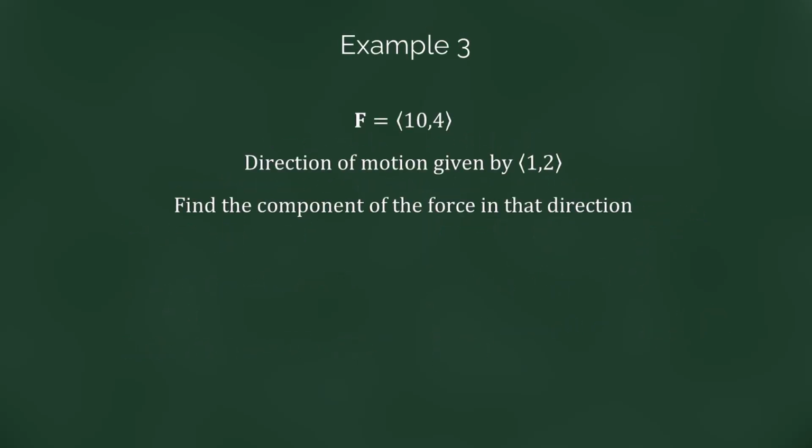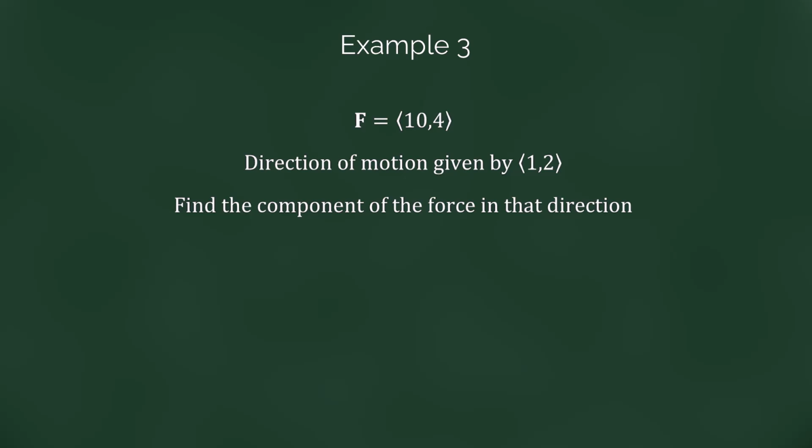In our final example, let's look at force. So we have a force that is given by the vector 10, 4. And we have an object that's moving along the vector 1, 2. And so what we want to know is the component of the force in the direction of that vector. In other words, we want to know what is the magnitude of the force that's going in the same direction as our vector.